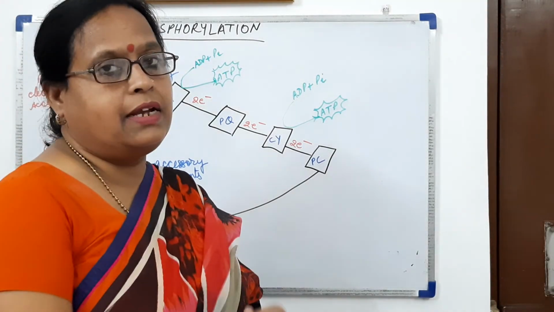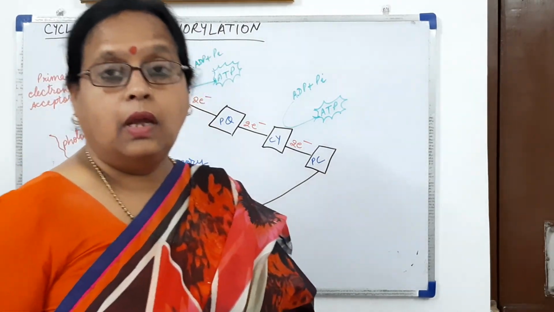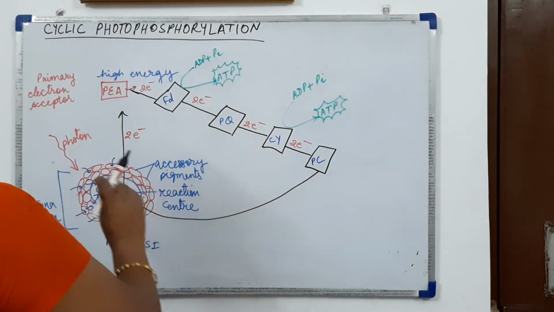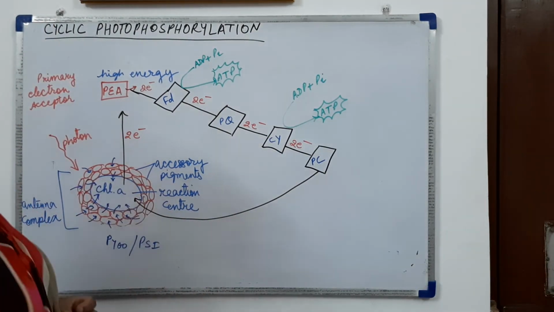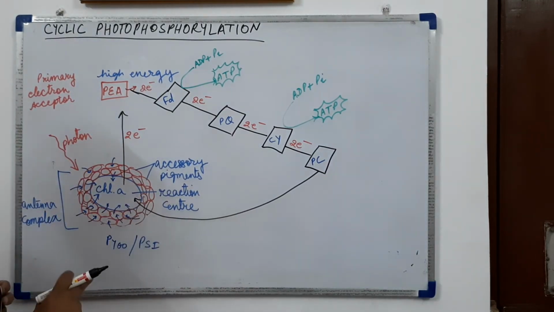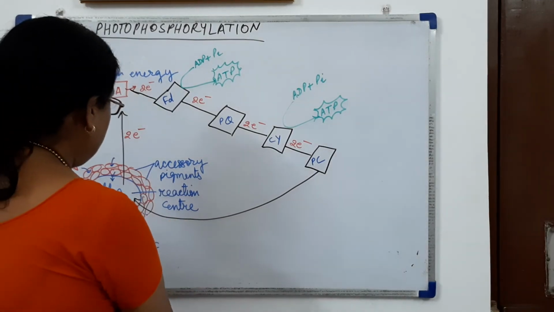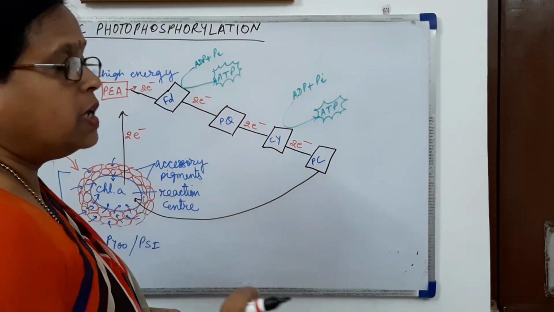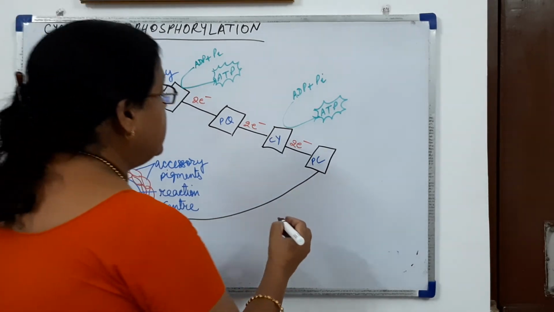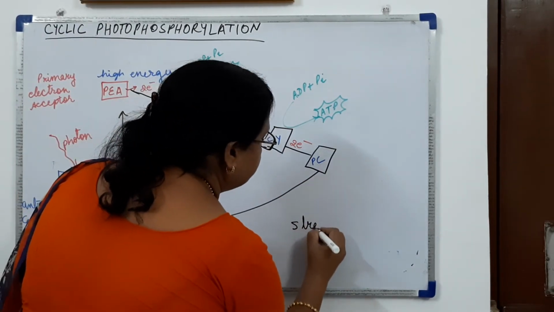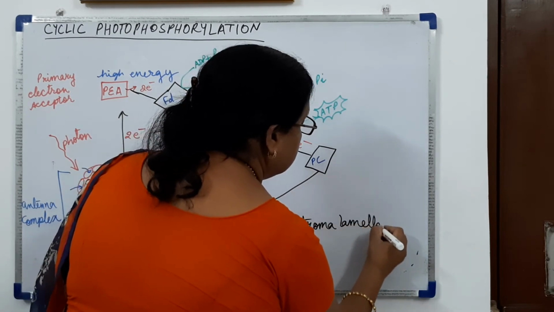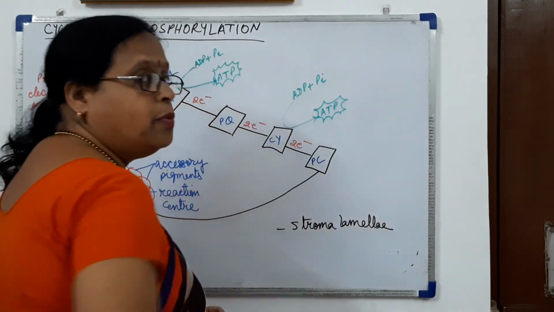Now, the cyclic photophosphorylation. In cyclic photophosphorylation, only pigment system 1 is involved. Cyclic photophosphorylation is found in the stroma lamellae.